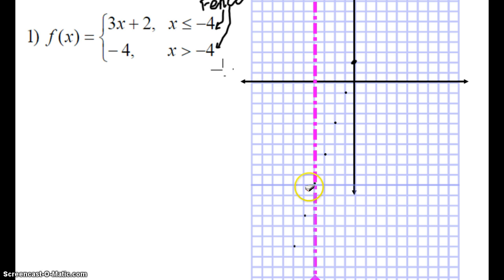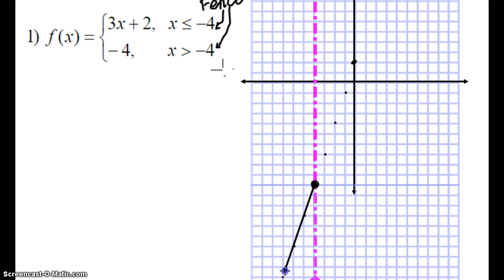Now we actually get to start drawing the graph because we're just going to draw this from the left of x equals -4. So take a look at the symbol. That is less than or equal to. So that means I get to fill in with the closed circle right here on -4 and then graph the other coordinates. And we'll take out our nice little straight line right here.